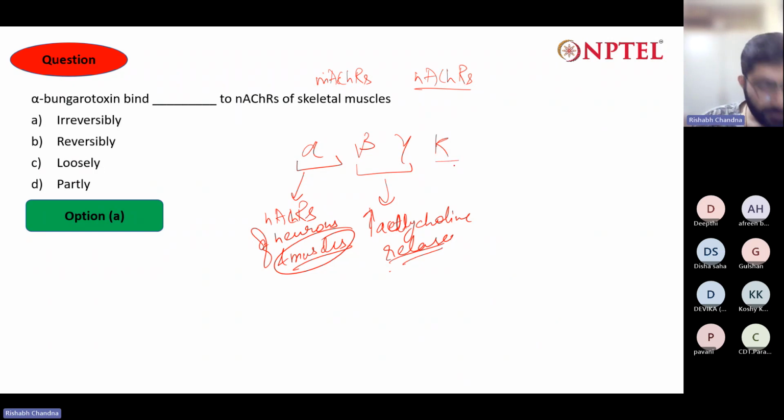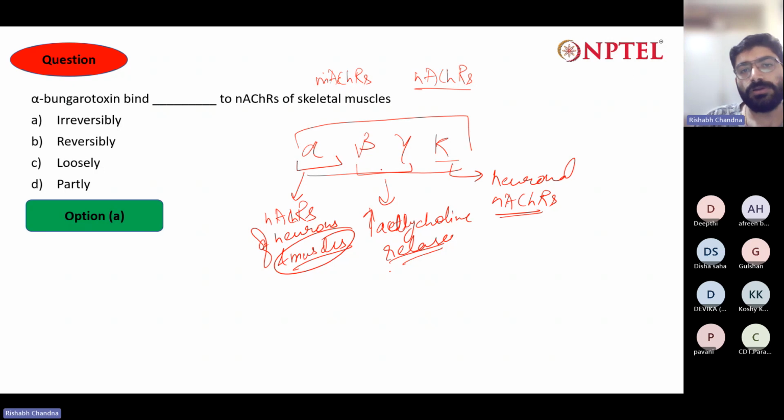And the kappa one basically binds to the neuronal nicotinic acetylcholine receptor. Okay, so this is the basic difference between these four kinds of bungarotoxin, and they are released from different kinds of snakes also.